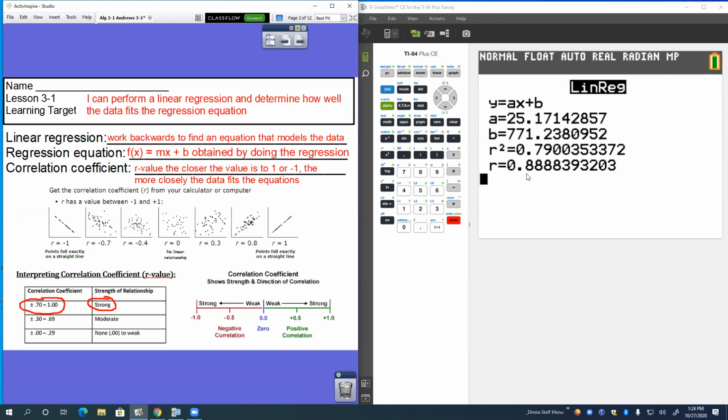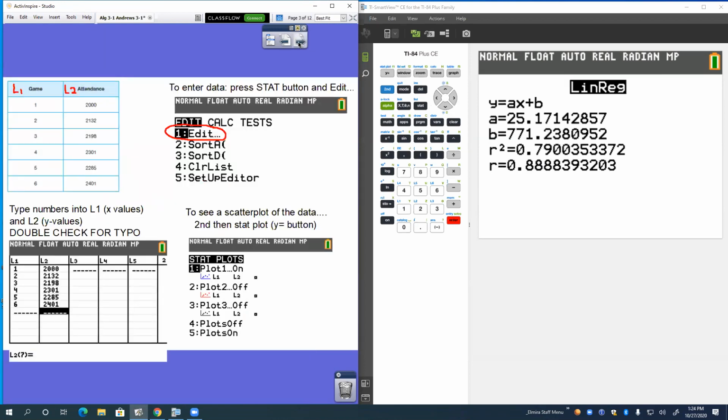On your homework today in class kick, you're going to have to say, is it strong, moderate, or weak, and whether it's positive or negative. If the r value, the number here, is positive, it's positive. We're going to come across ones that have a negative r value as well. So again, strong is in between 0.7 and 1.0. So this would be a strong positive correlation.